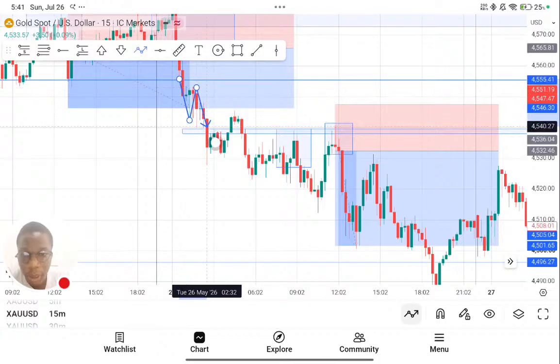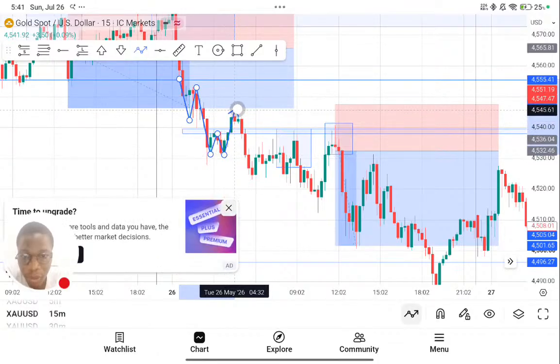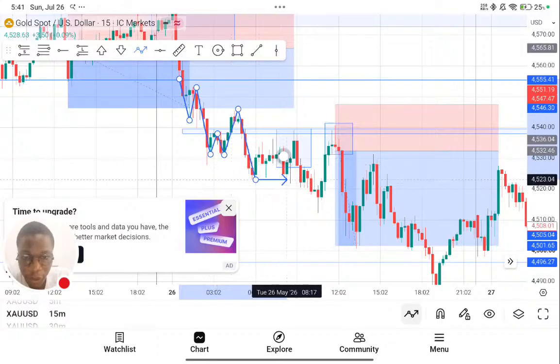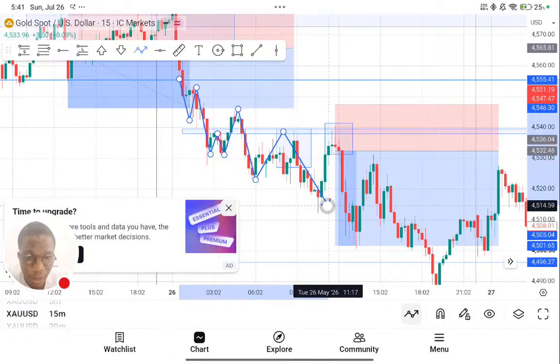Lower high, lower low, lower high. It was supposed to continue, but then it came, took out liquidity, and broke this low. So then we would have been looking for a retest around that level, and that was why we were interested in this zone.